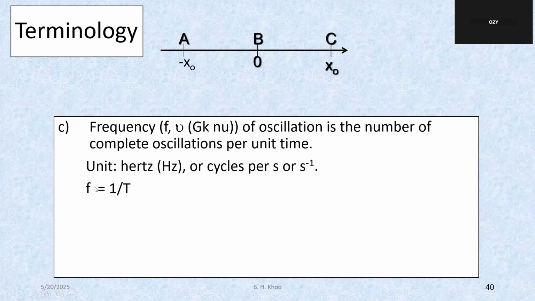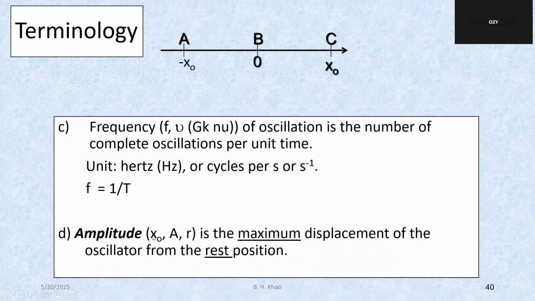Right? Frequency is 1 over T, same as waves. Amplitude, sometimes we use x naught, some people use A or r because it's related to circular motion. It's the maximum displacement of the oscillator from the rest position. So that's the amplitude.